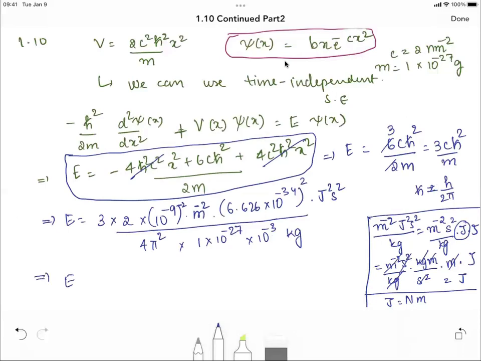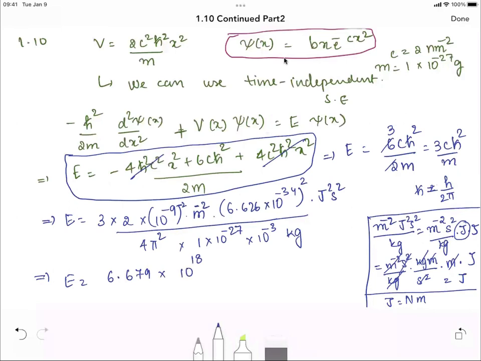Now for the numerical part, if we plug in the values, we get 6.679 times, if we just multiply and divide everything except for the powers of 10. Now I'm going to club the powers of 10 together. That will be negative 9 times negative 2, which gives me 18.